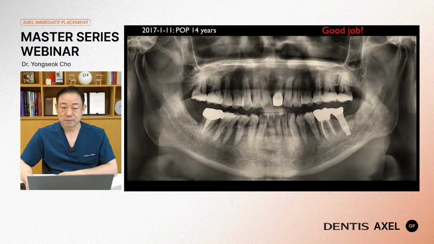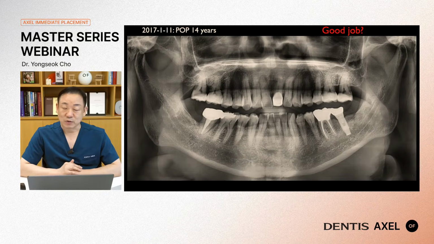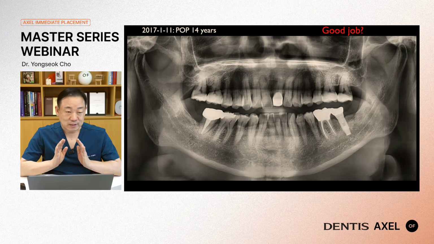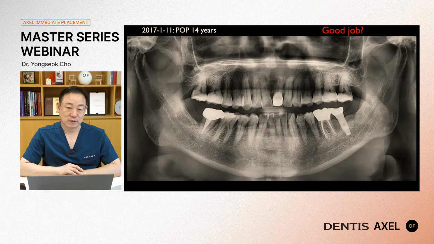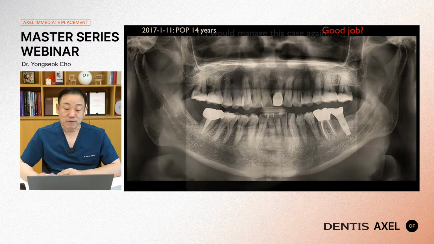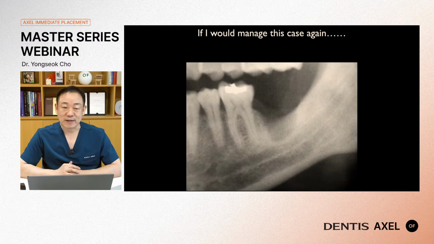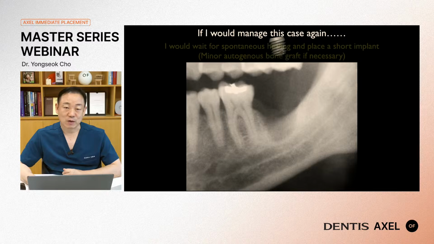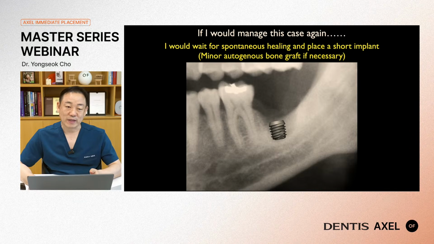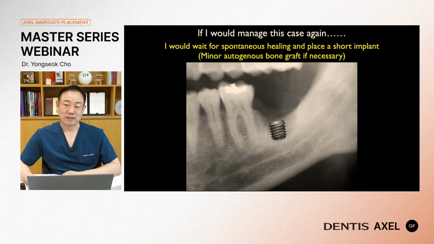Is this a good job? Anyone looking at this case would agree that the treatment was overly aggressive. I feel so too. If I managed this case again, I would wait for spontaneous healing and place a short implant.